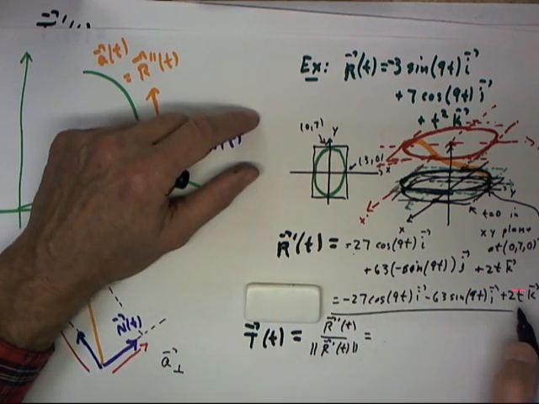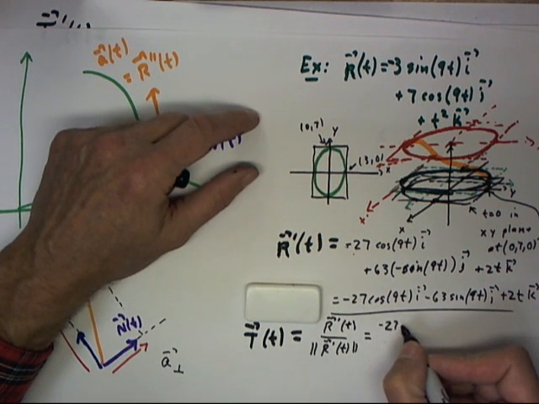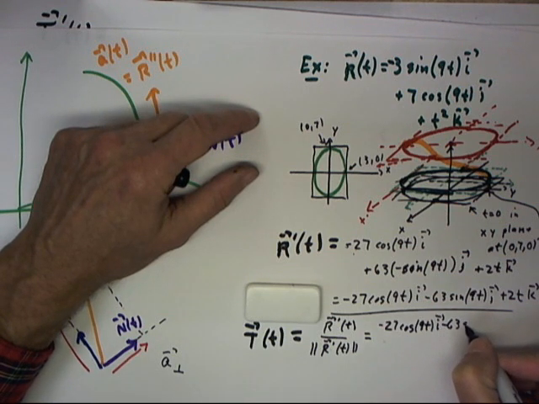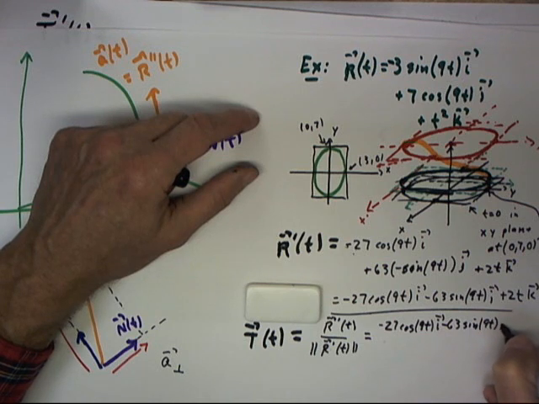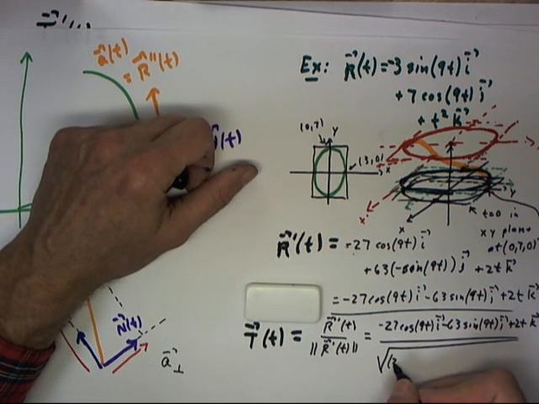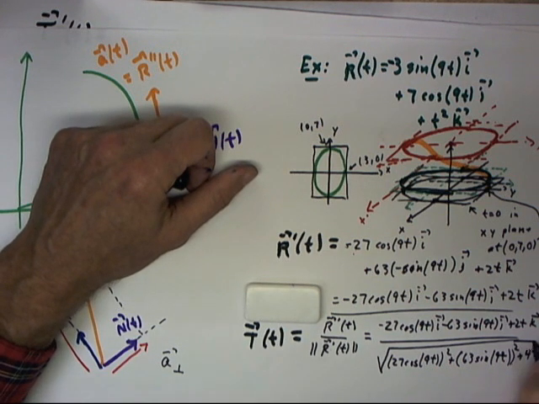But the r prime is just what we have here, -27 cosine of 9t i minus 63 sine of 9t j plus 2t k divided by what we get from the Pythagorean theorem, which is 27 cosine of 9t quantity squared plus 63 sine of 9t quantity squared plus 4t squared.